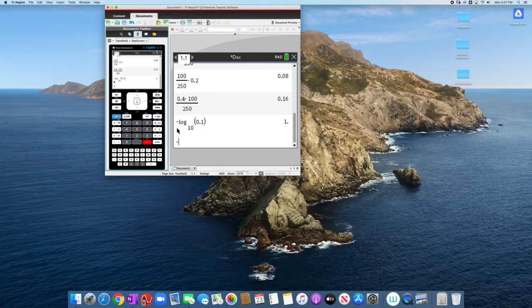The negative base 10 logarithm of 0.101. Somebody else might have measured the concentration of H plus that way. And here we can see that the difference between this number and this number lies in the thousandths place, which is the third decimal place.